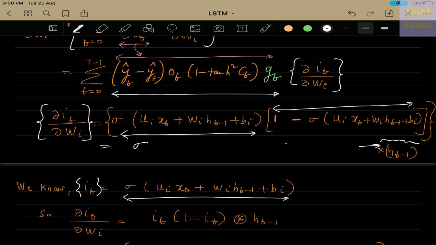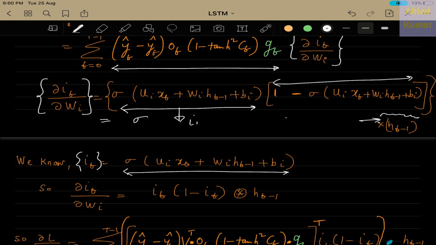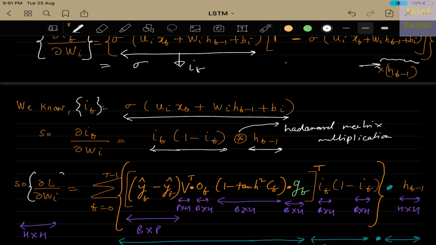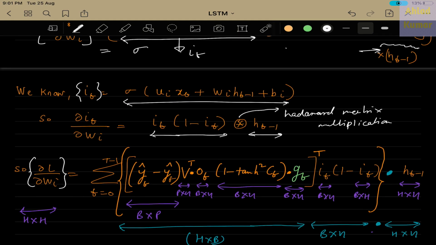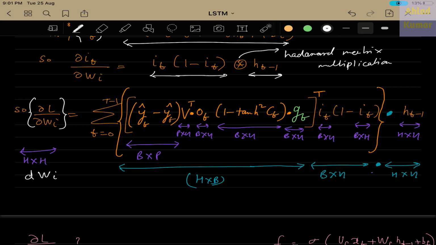So again, you know that it is basically this. What you can do is substitute this as i_t, and substitute this big expression as i_t. So it will reduce to a small expression, which is i_t times 1 minus i_t times h_{t-1}. Again, this is the Hadamard multiplication. So once you plug in all these expressions, you will get this. This is the combined expression when you calculate the derivative of the loss with respect to Wi, which we also call dWi, and you can cross verify the matrix multiplications over here.